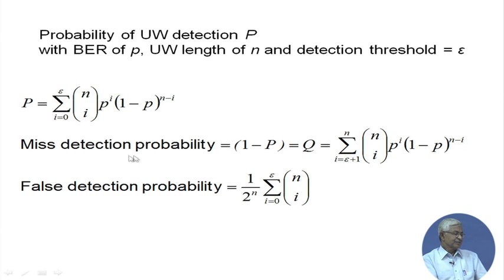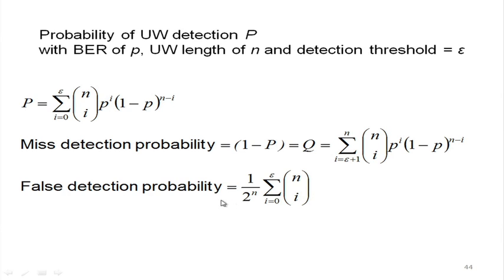The misdetection probability is 1 minus P, where P is the probability of detection, which with tolerance is the sum over I equal to epsilon plus 1 to n, where n is the header size, of nCI, p to the power I, (1 minus p) to the power n minus I, where small p is the probability of BER.